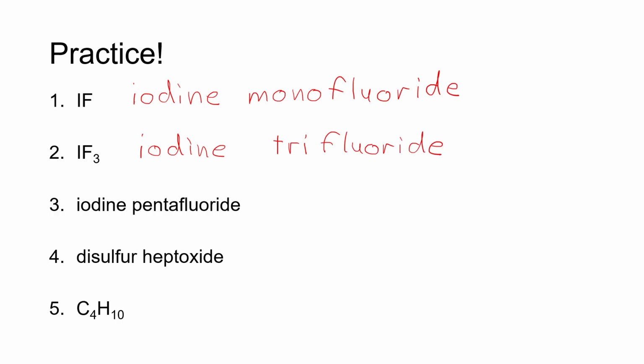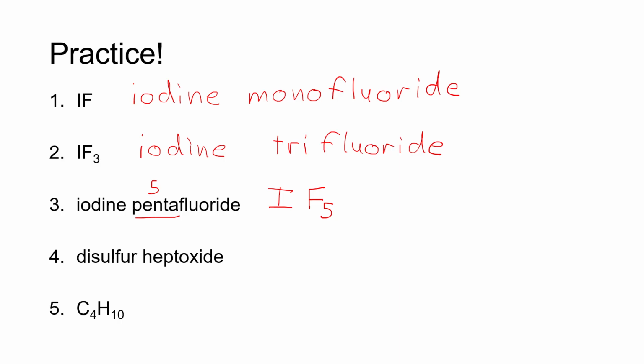For this next one, iodine pentafluoride, the prefixes tell us what the subscripts are. Since there's no prefix on iodine, there's just one of them. And then pentafluoride means that fluorine is the second element, and penta means 5, so it's IF5.